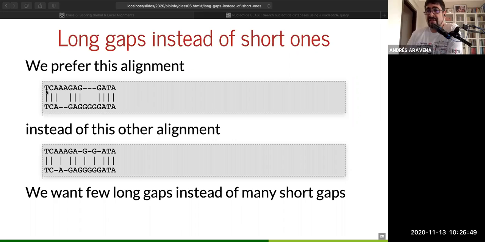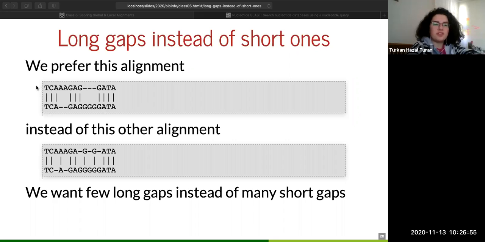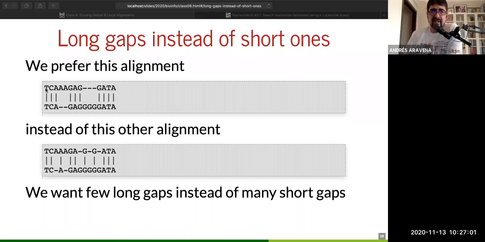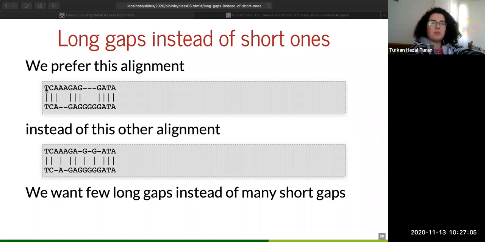Okay, I don't know what you call the thing, because I have many things here. So let me put names: the gaps, the insertions, deletions. For example, when you say TCA, gap, GA, this is a different sequence, and the one at the bottom, TC gap, A gap, this is a different sequence. These are different genes or genomes or something.